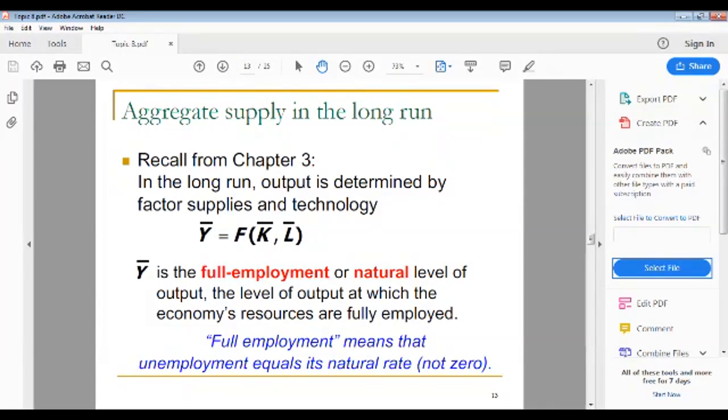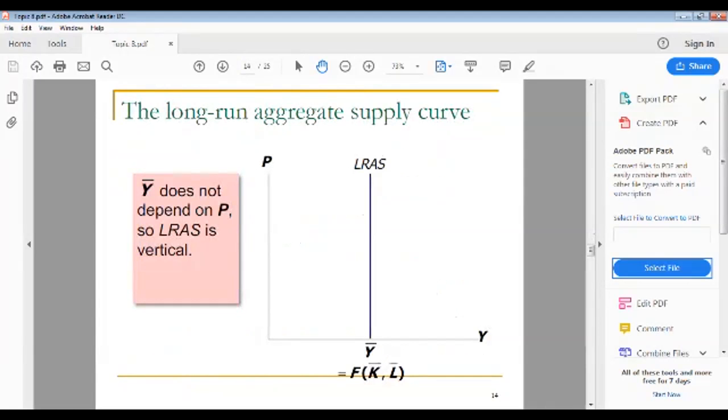If I'm fully employing everything, meaning everyone's working hard, then I hit the constraint on my production possibilities frontier. I can only do so much in the long run aggregate supply. This is basically the long-term potential of the economy.